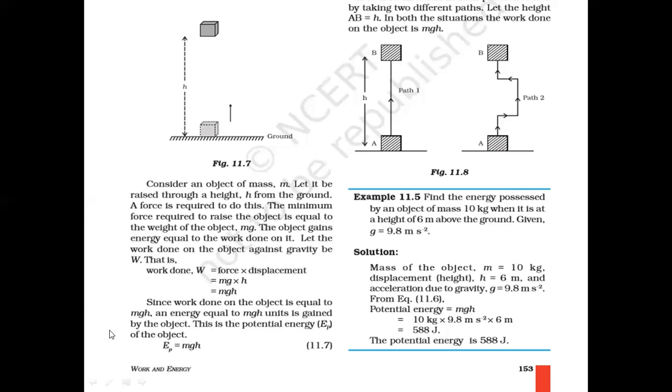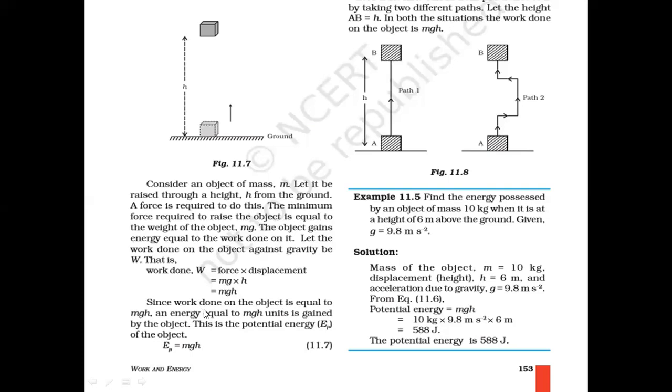Now, since work done on the object is equal to mgh, the energy gained by the object is also mgh. So this is the potential energy of the object: EP equals mgh. We know the formula for work done is mgh, and if work done is equal to mgh, its energy will also be equal to mgh.